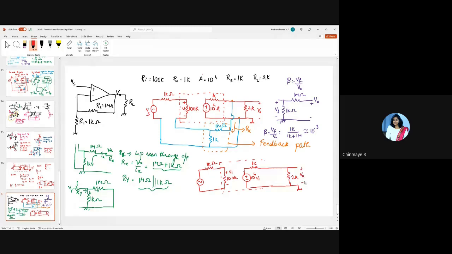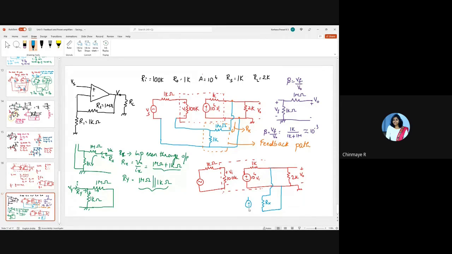Now let's come to the feedback path. Let's do this feedback path a little differently. So now this is an impedance of how much? You know, approximately 1 mega ohm, right? It's 1 mega plus 1 kilo. So this is an impedance of approximately Rx here.